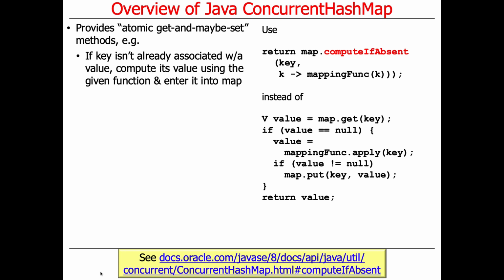This code comes in, looks up in the map, gets the value. If the value is non-null, return the value. If the value is null, then go ahead and compute the value by applying the mapping function to the key. If the value is not null, then put the item into the map. So this is basically the semantics of that call logically.